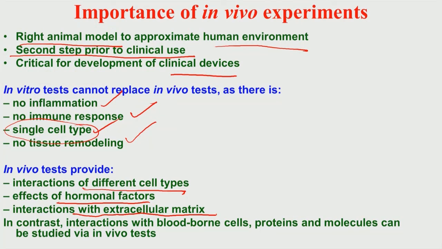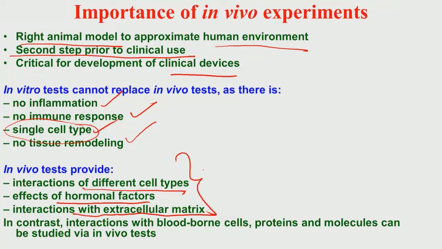So, this is the important distinction of in vivo tests. During long term in vivo experiments, like 26 weeks or 52 weeks or 78 weeks, the physiological environment also changes dynamically.